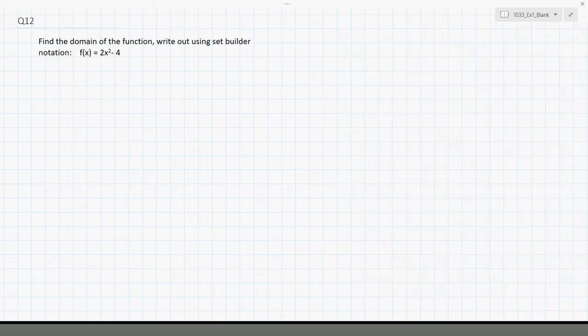Questions are getting faster, actually. Find the domain of the function without using set builder notation. Write out using set builder notation.